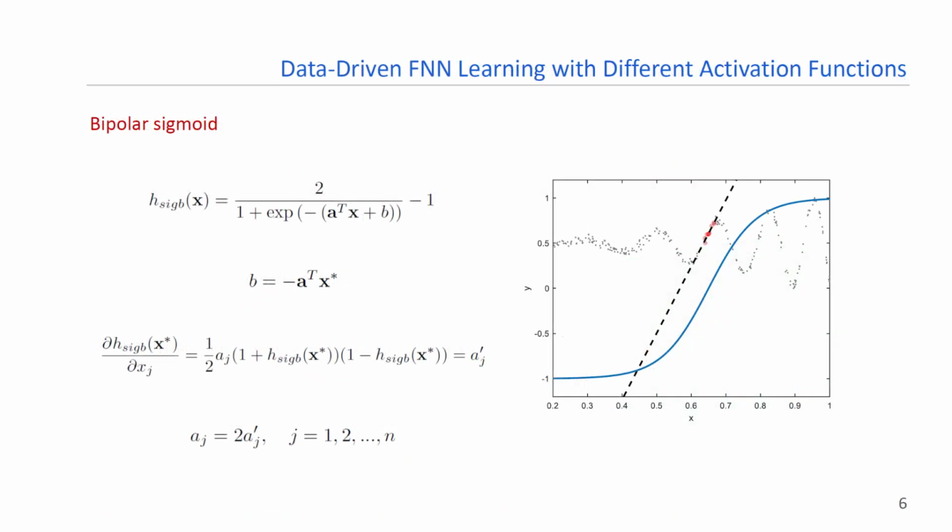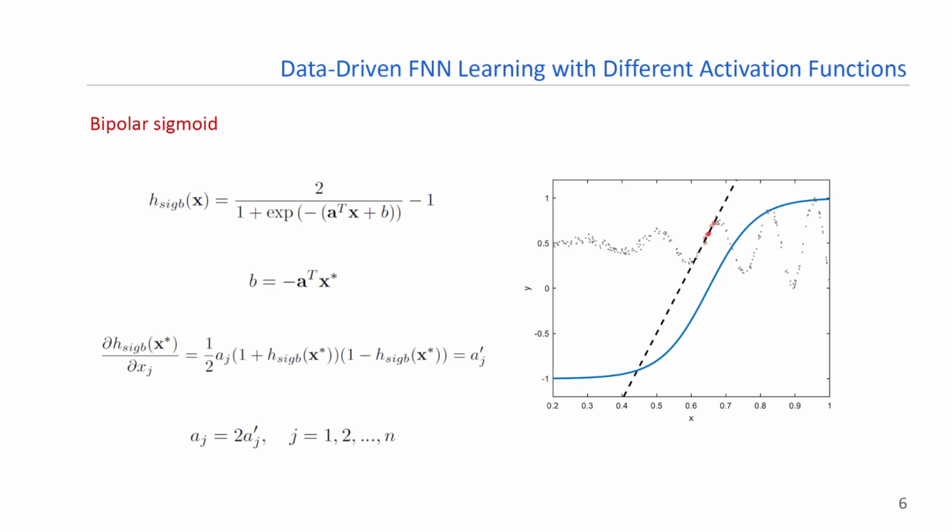Now we will derive formulas for the hidden node parameters for different activation functions. First, the bipolar sigmoid, defined by this equation. In comparison to the unipolar sigmoid, the only difference is the output scope, which is from -1 to 1.